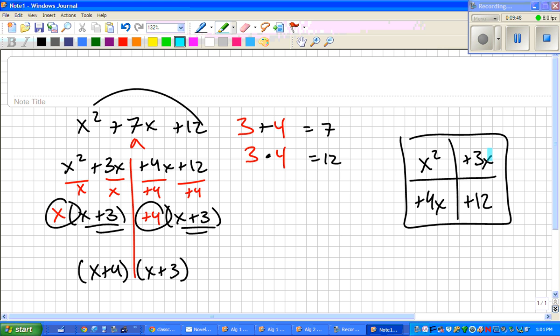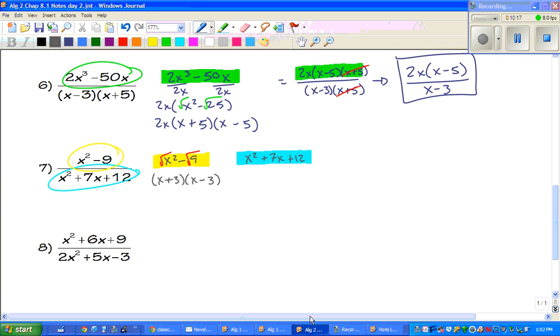Okay? Now, when we're going this way, the GCF of the top is x. The bottom is positive 4. Okay, then you do the side, which is x, and then we do the right column, which is 3. Okay, so both ways you do get the right answer of x plus 4, x plus 3.